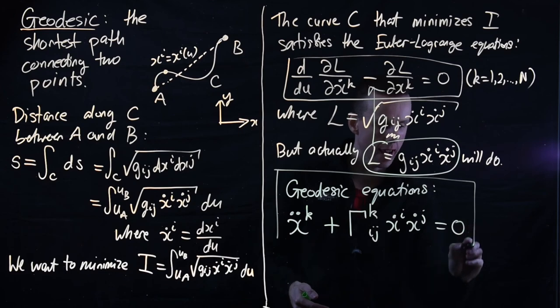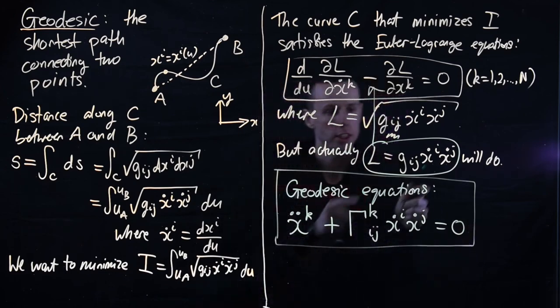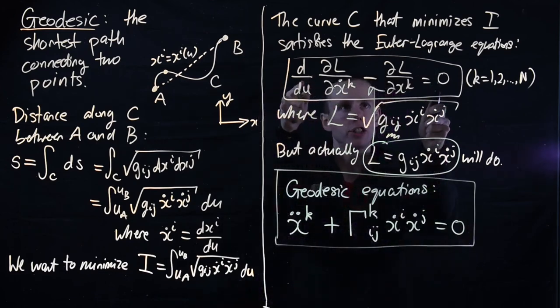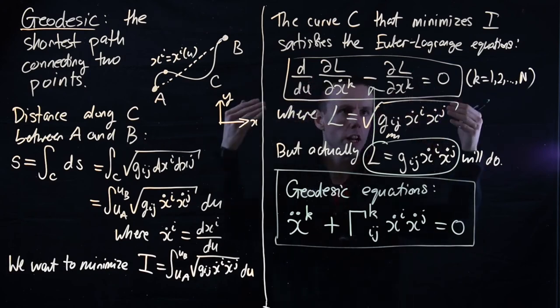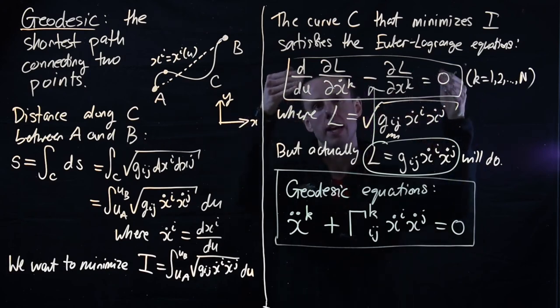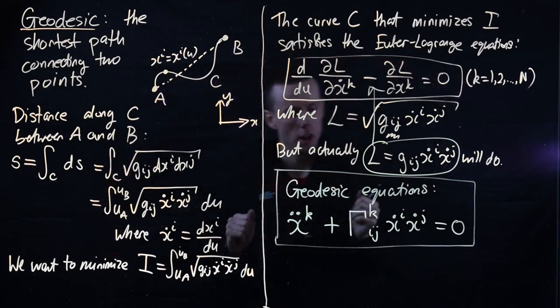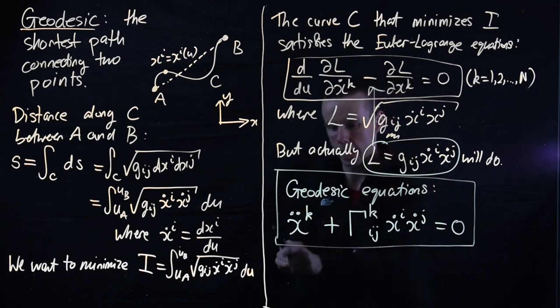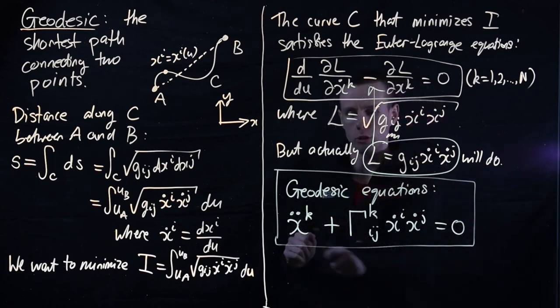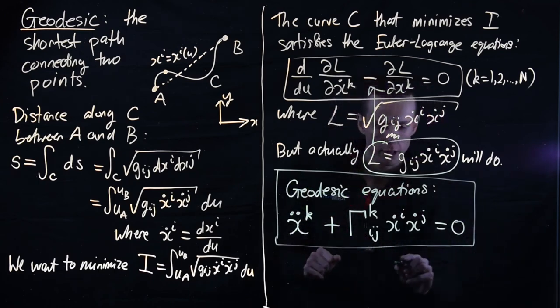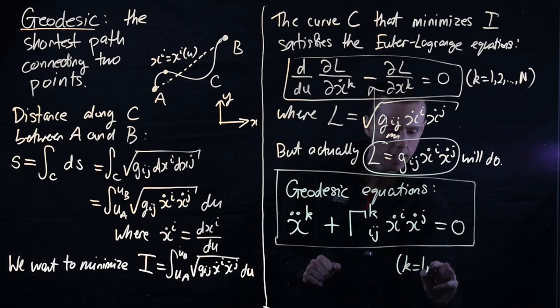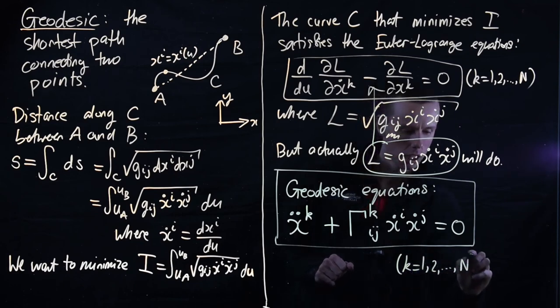The proof of that is in your lecture notes. So take this Lagrangian, fire it into the Euler-Lagrange equations, which from knowledge of calculus of variations will give you the curve that minimizes this integral. At the end of the day, this is what you get out if you do that. You get this set of equations where again k is a free index.